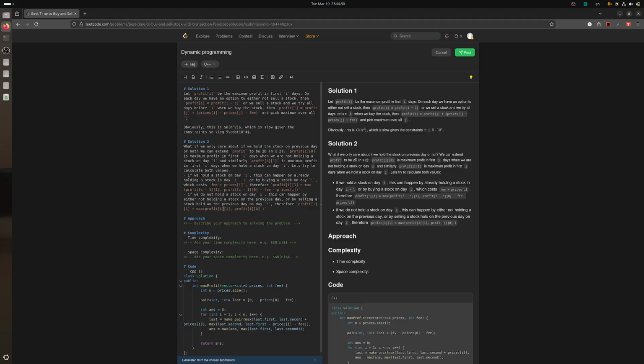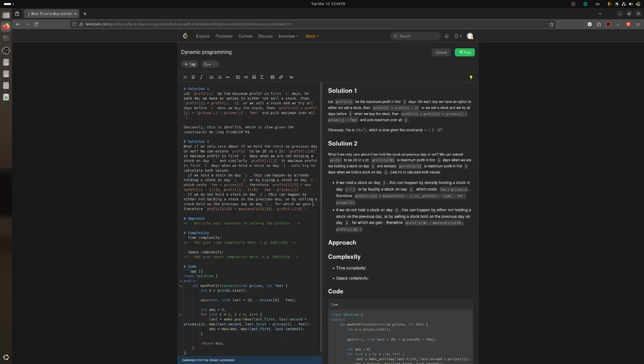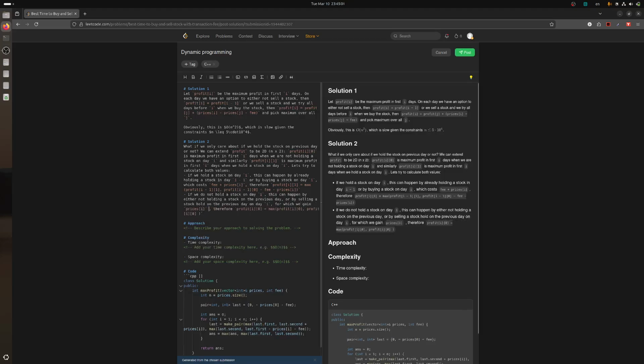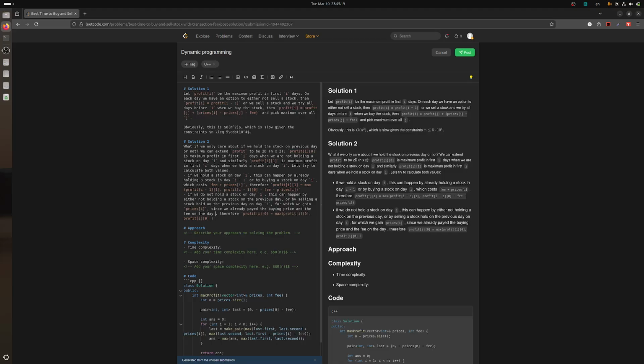No, wait, profit I0 is either profit I-1 0 or profit I-1 1 for which we gain prices I, since we already paid the buying price and the fee on the day the stock was bought.